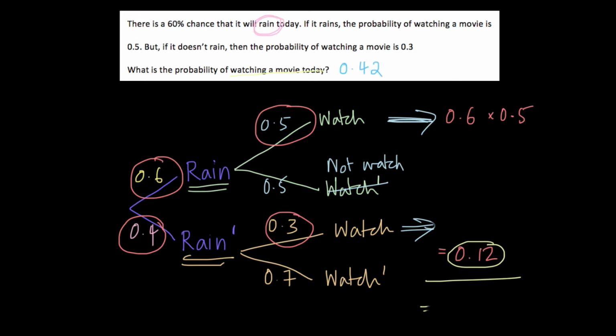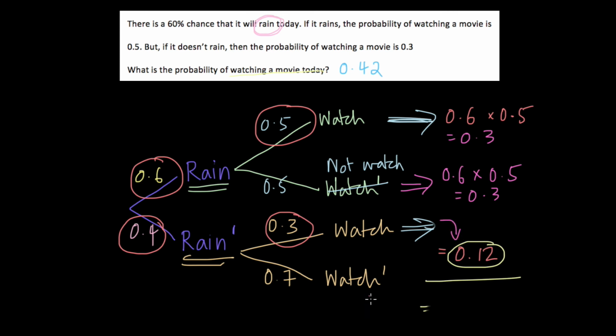If you want to check whether the tree diagram you've made is correct, you can do that. All you have to do is find the probability of each of these outcomes. This was 0.3, which is 0.6 times 0.5. Same thing, 0.3. This one is 0.12 as we calculated.